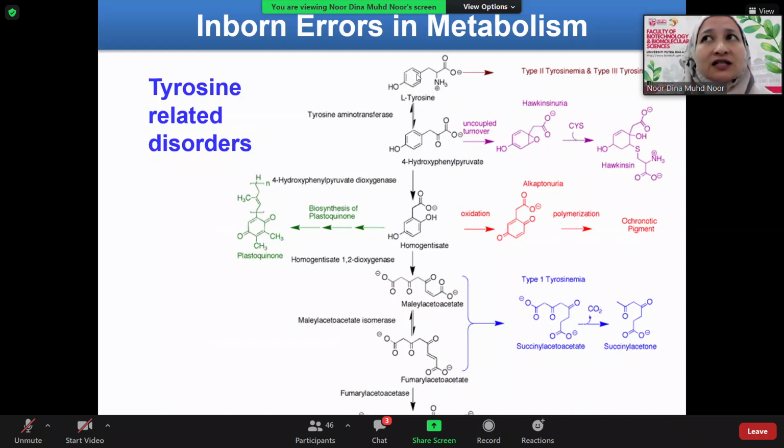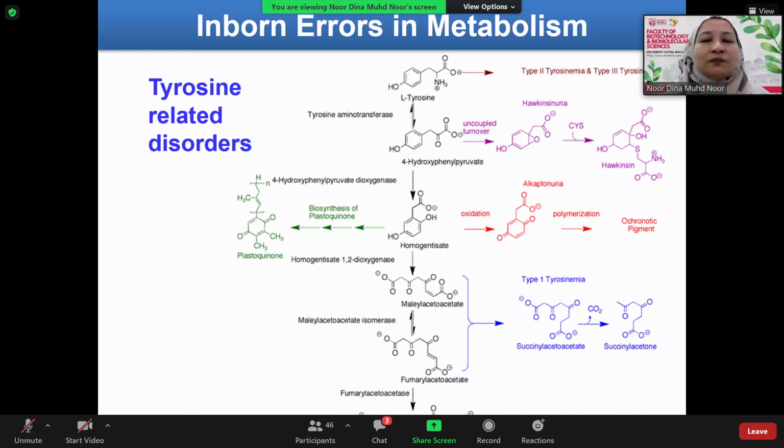Inborn errors in metabolism. This is more about what happens to metabolism if there are abnormalities in protein metabolism. Inborn errors in metabolism means that the disease is caused by the gene itself. So if someone gets this disease, it starts from the gene itself, so there is no cure.